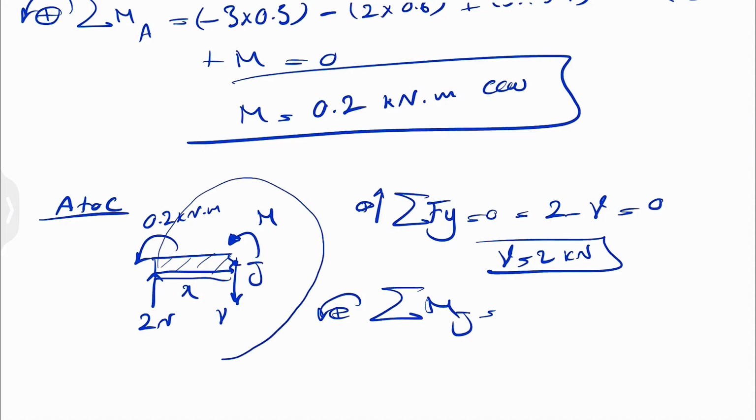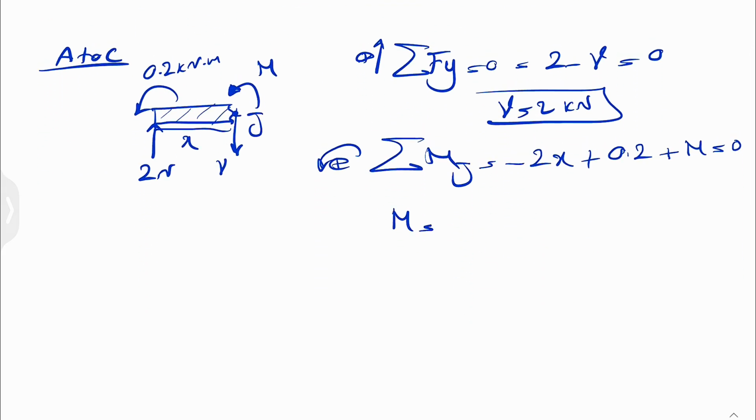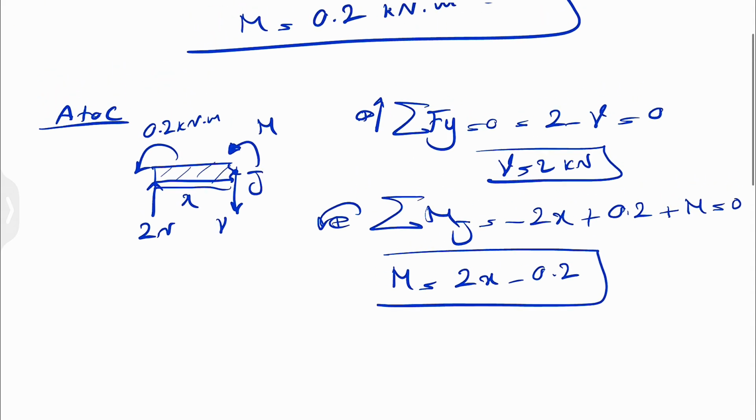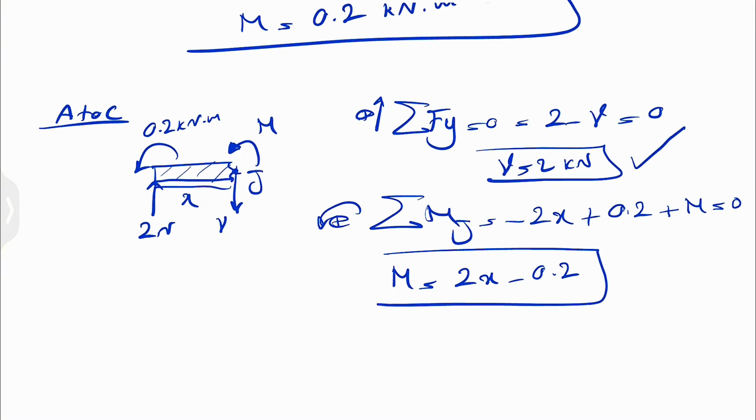The moment of 2 kilonewtons is clockwise, so minus 2 times x, plus 0.2, plus M is equal to 0, which means our M is 2x minus 0.2. All right, so that's our shear force and bending moment from A to C.